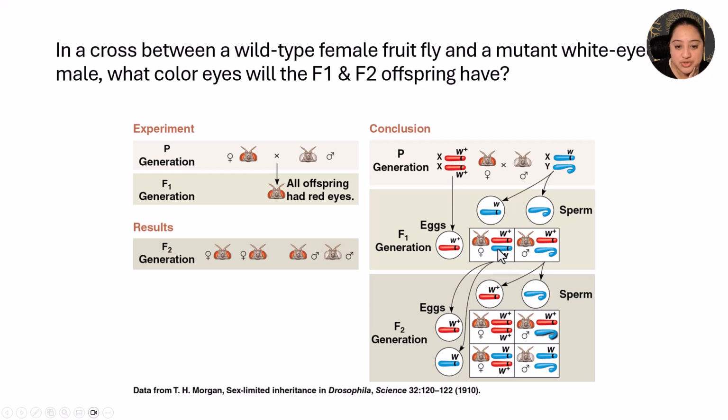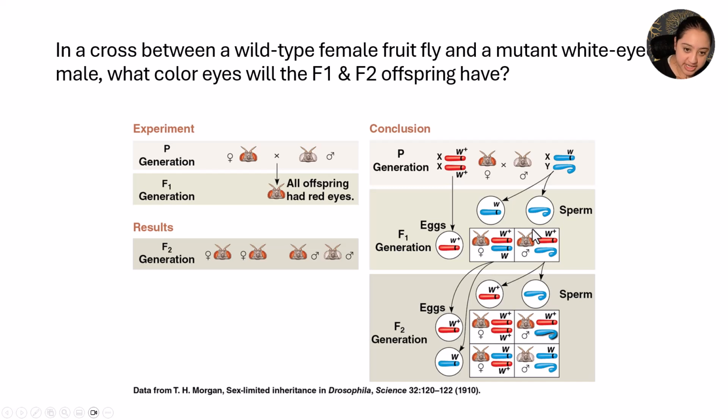And so there's 2 X chromosomes, so this fly is female. She got a wild type allele. So the plus is wild type, and that's dominant. And so if there's even one copy of that, it's going to overshadow the other one. So she has red eyes.